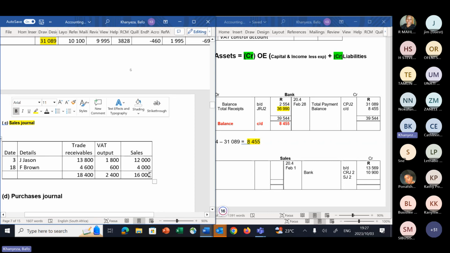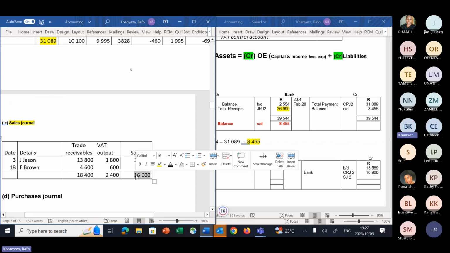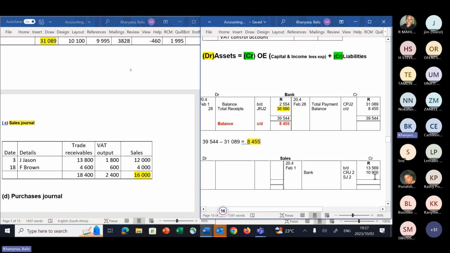It's good to also highlight once you've dealt with something, because in accounting it's clumsy, you won't know what you've dealt with. So we've dealt with sales, 16,000. And then we add, so we're going to get 40,469.